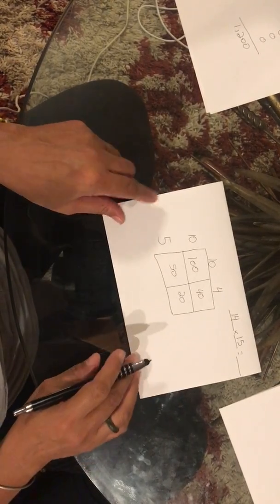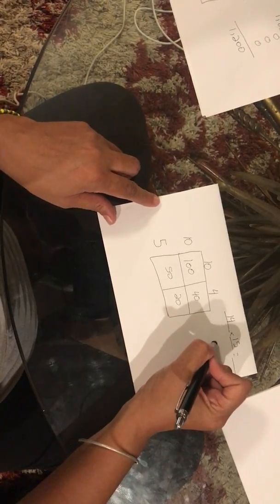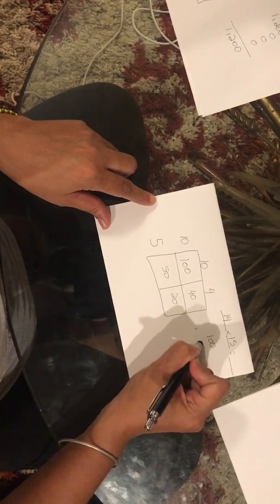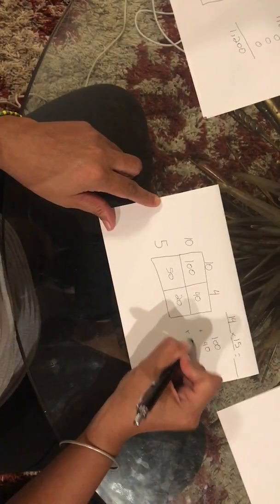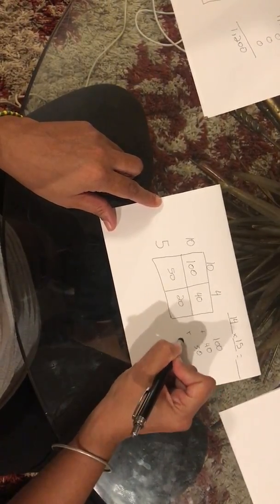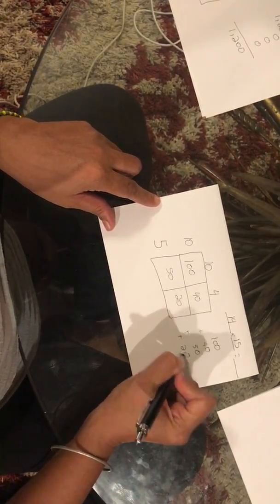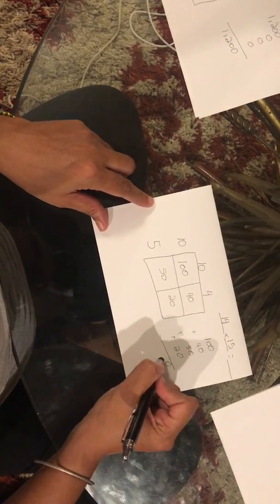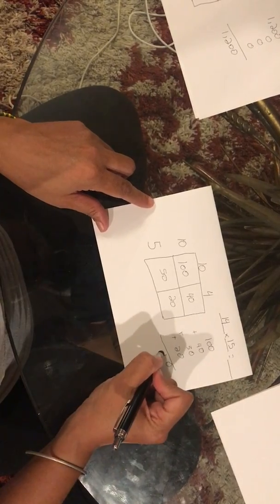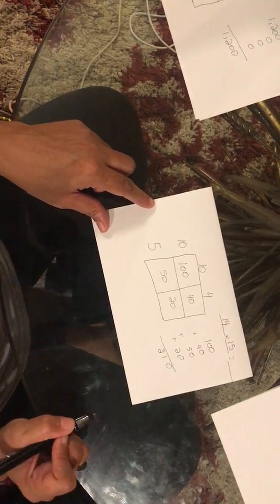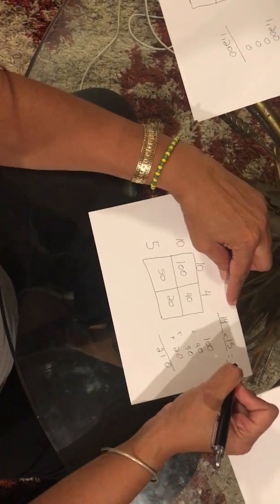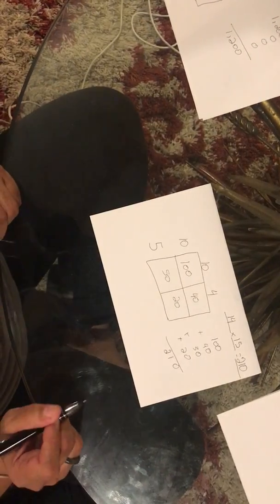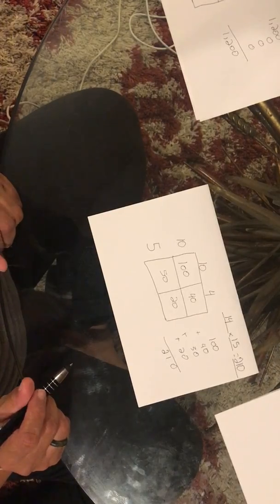All right, so just like we did before, we're going to add them all up. 100 plus 40 plus 50 plus 20. Okay, we add it all up. That's 11, carry the 1, and we have 210. 14 times 15 equals 210. That's how we do multiplication with the area model.